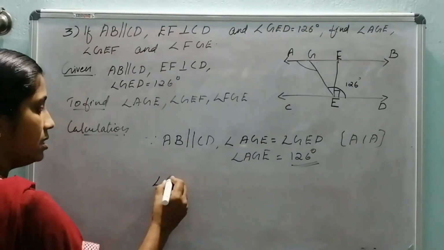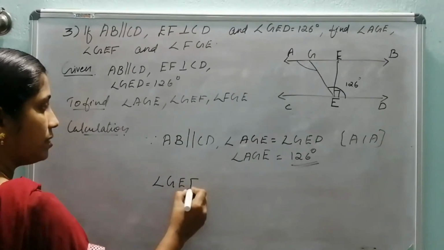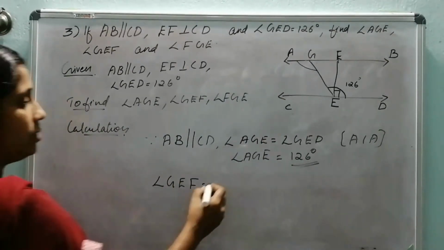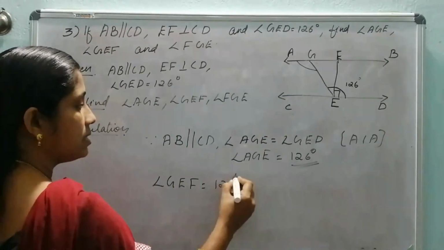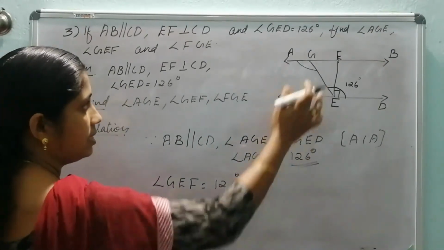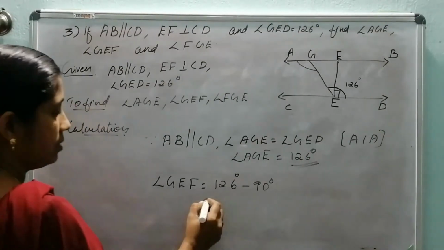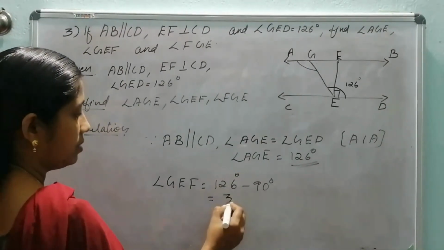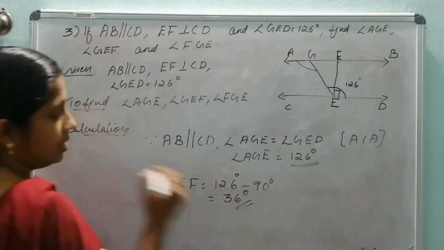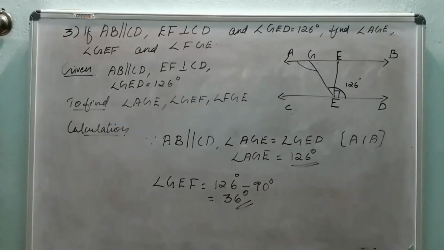So angle GEF is equal to 126 minus 90 degree, that is equal to 36 degree.